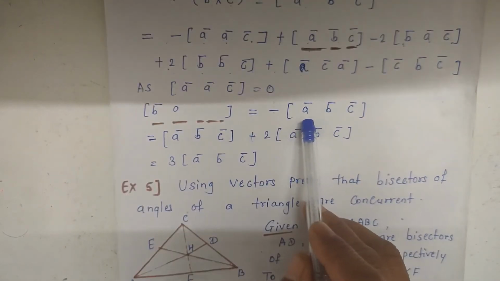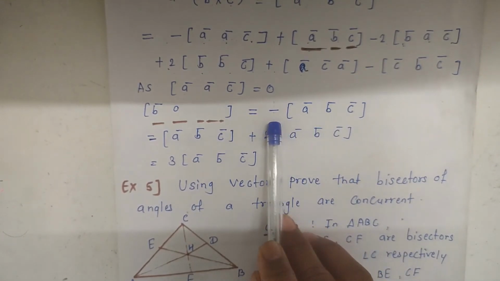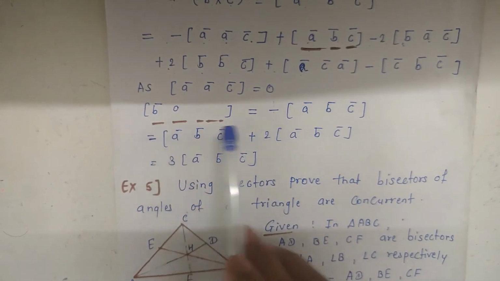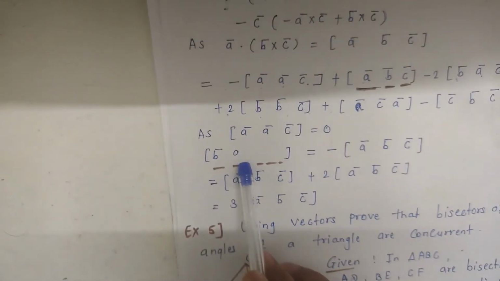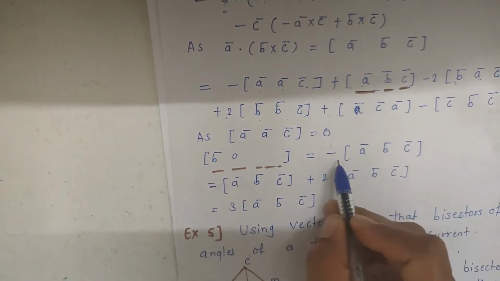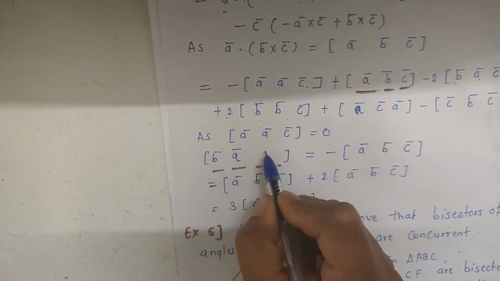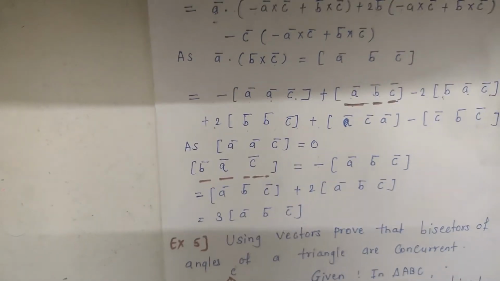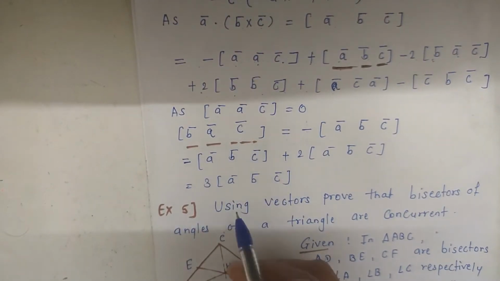By interchanging a bar and b bar, we have to multiply by a minus sign. Then we get plus b bar, a bar and c bar. So here, by interchanging these two terms and multiplying by the negative sign, then b bar, a bar and c bar as it is. So write here b bar, a bar and c bar.